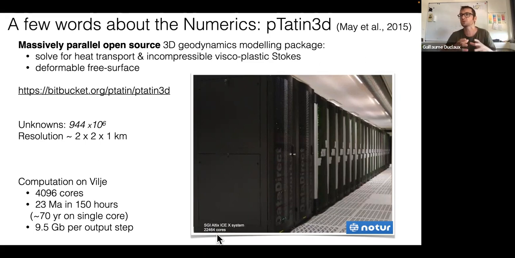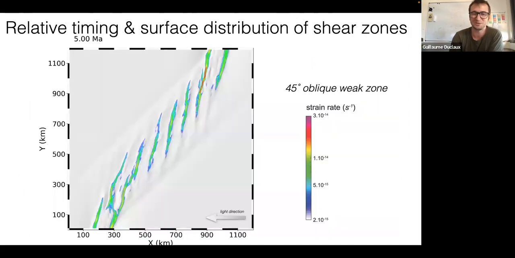We managed to model 23 million years of natural evolution. If you had a single core computer, that would mean 70 years of calculation. So there's a real advantage of using a supercomputer. And one simulation generates about 10 gigabytes of output. So it's very large. It's a bit of a nightmare to deal with.